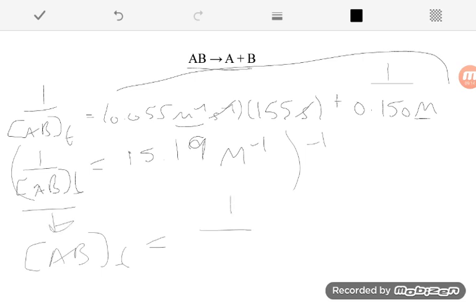So I'm going to do 1 over 15.19 M to the negative 1. And when I do that, I get 0.0658. And M to the negative 1 over that gives me just M. So after 155 seconds, that's the concentration of AB that I will have left.